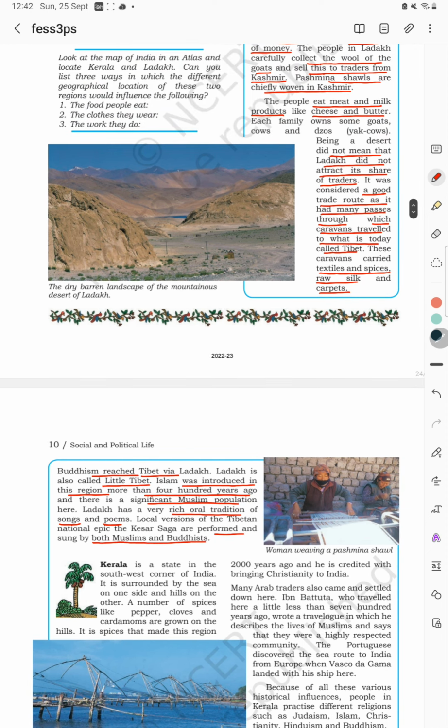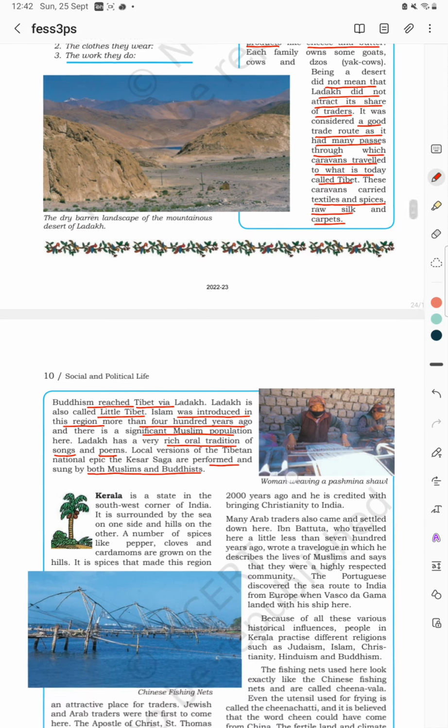So as we can see, the Muslim population was also introduced. They have a rich oral tradition of songs and poems. Both Muslims and Buddhists perform or sing these songs. So that is the traditional culture of Ladakh.